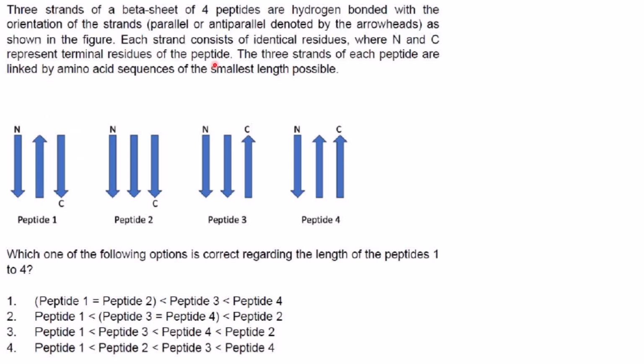So we have to analyze how the peptides will link to these strands and then tell the order regarding the length of the peptides. Which one will have the longest length, which one will have the shortest length, or whether the length of the peptides used in joining these 4 peptides are somewhat the same, or different, or more in some, or less in some. All these you have to tell.